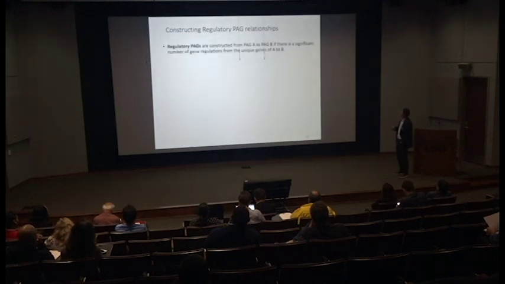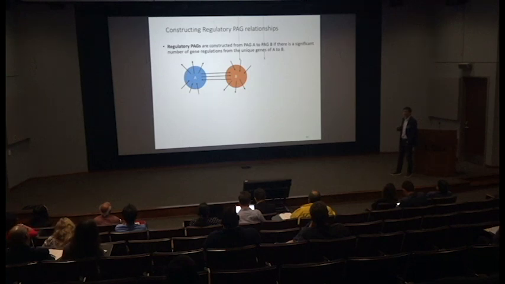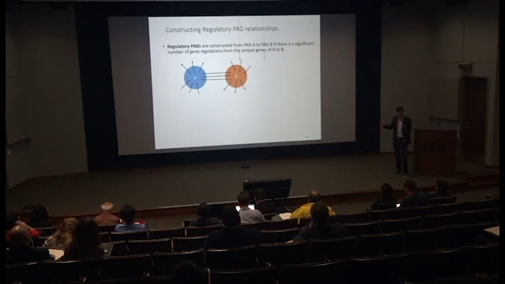And then we can also construct a second type of relationship called a regulatory relationship. That's a relationship that essentially says, is A upstream of B? That's a very practical question to ask. If you think about a single molecule, is A a transcription factor of B gene target?